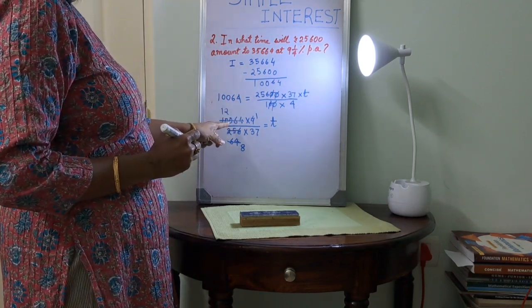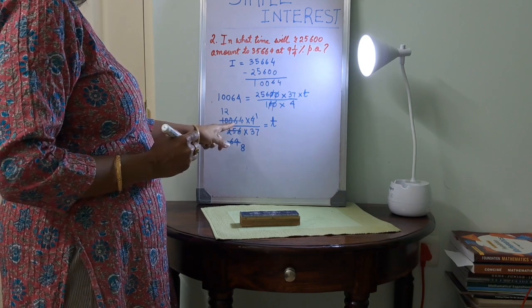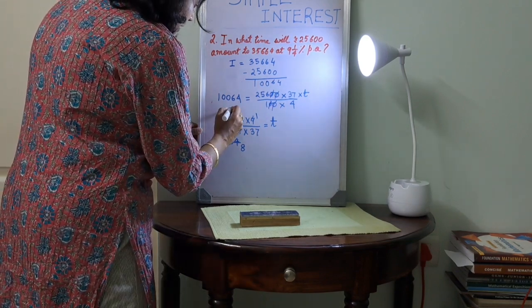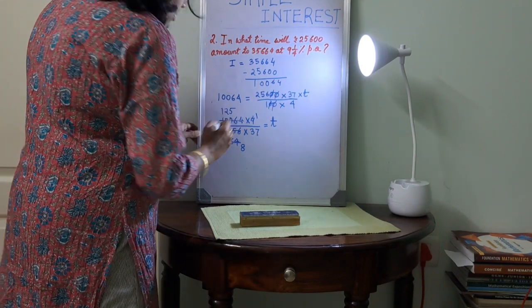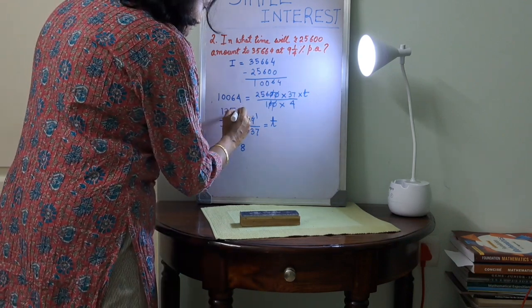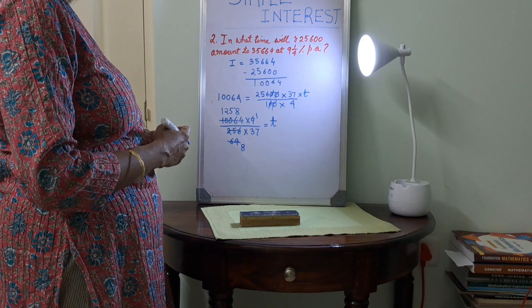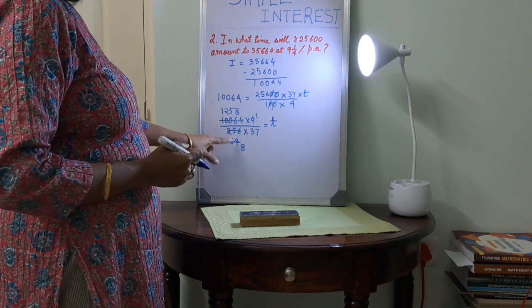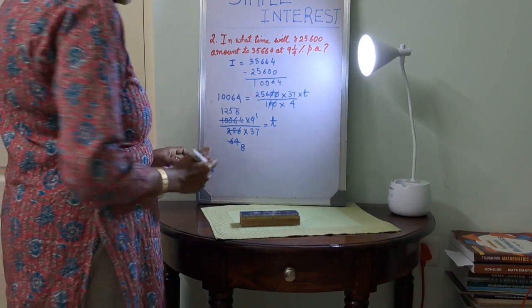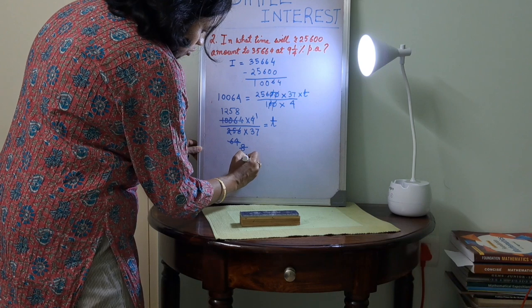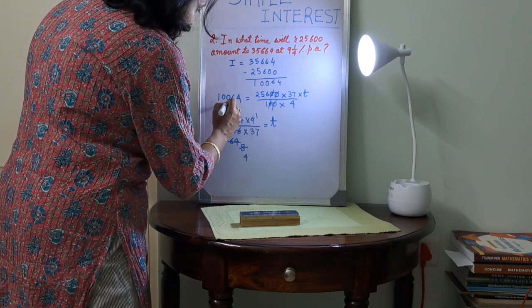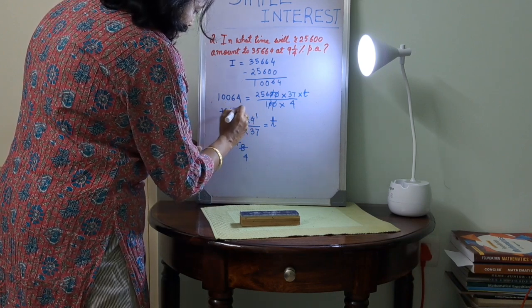So 20 minus 16 is 4. 4 and 6. 5 times 40. 6 and 4. 8 times. Okay. Now both of them are divisible by 2 again. So 4, this goes 6 times.